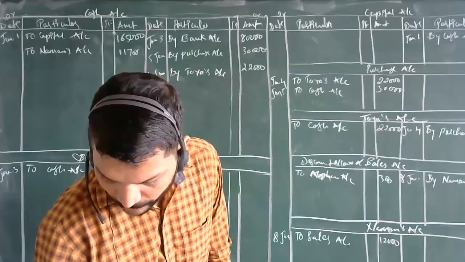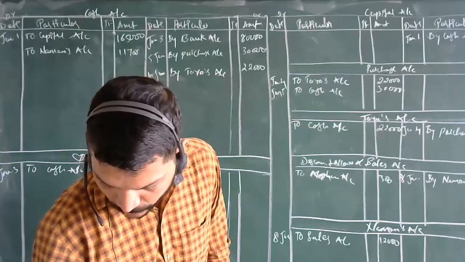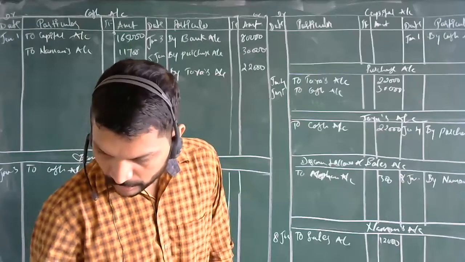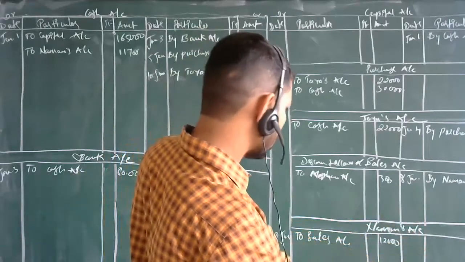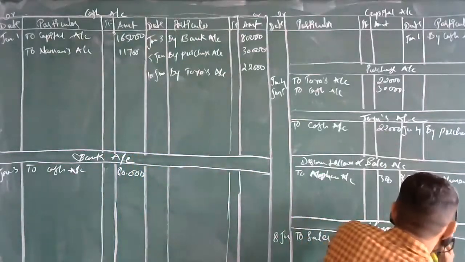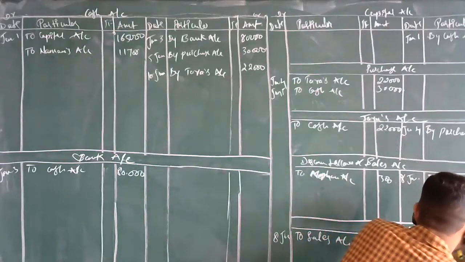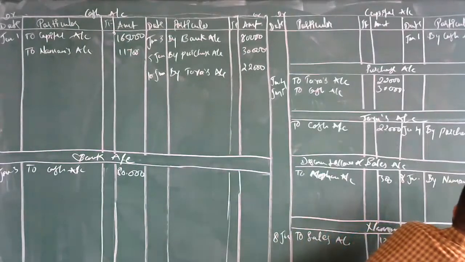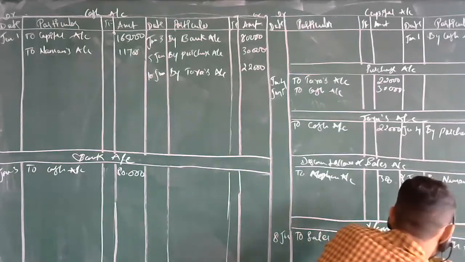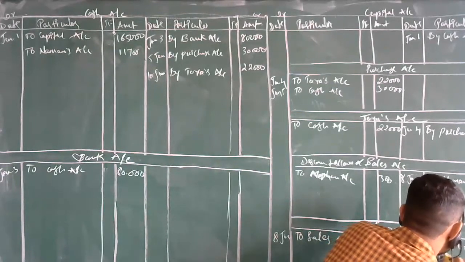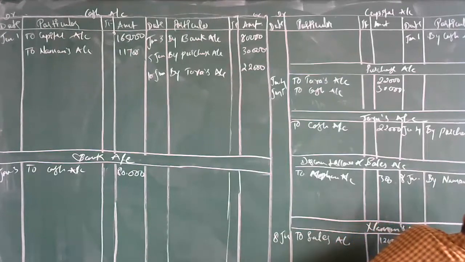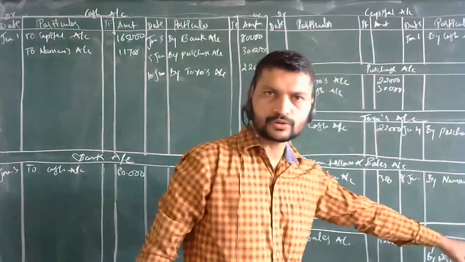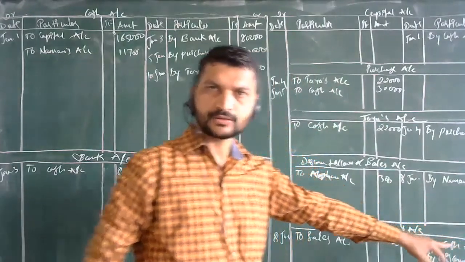Naman's account, by cash account 11,700, by discount account 300. All over, 12,000 got tallied here. 12,000 you have paid over here.